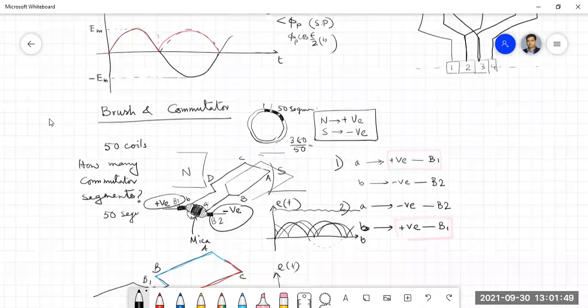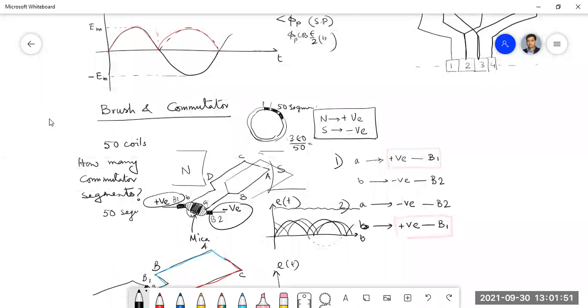How many types of windings do we use for a DC machine? Lap winding and wave winding.